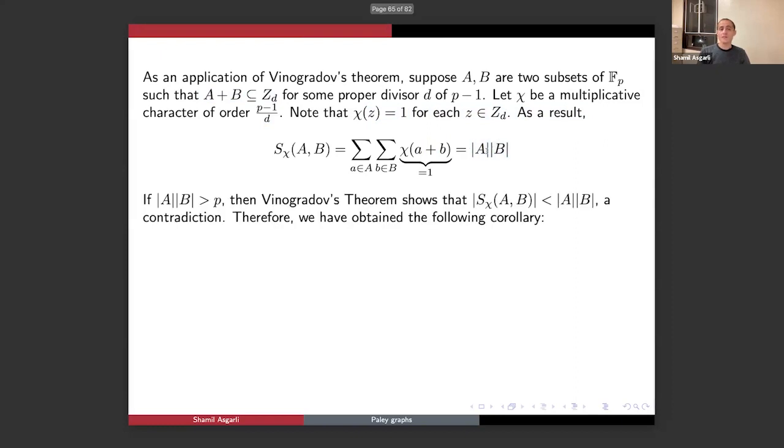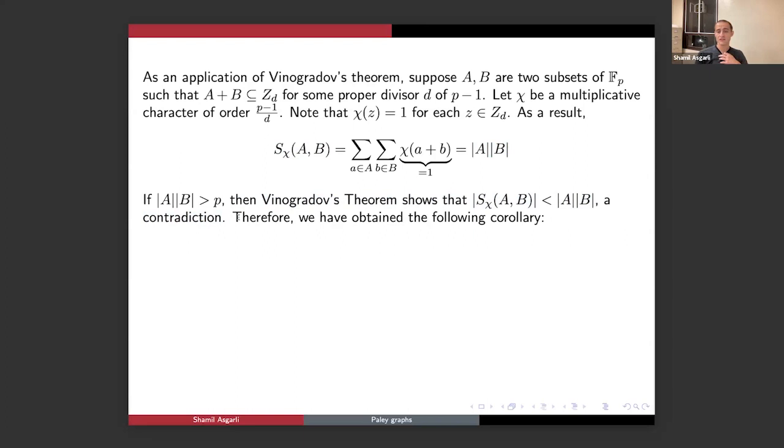But if |A| times |B| is bigger than p, then according to Vinogradov's theorem, we have a non-trivial upper bound on the character sum. Then this is less than |A| times |B|. But that's a contradiction, because just above we showed that S_chi(A,B) is exactly |A| times |B|.